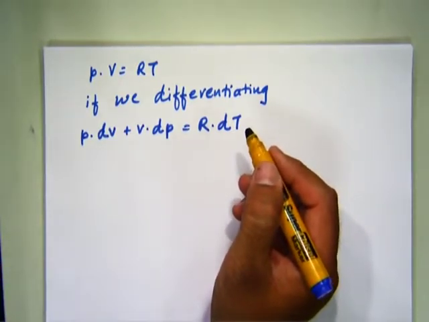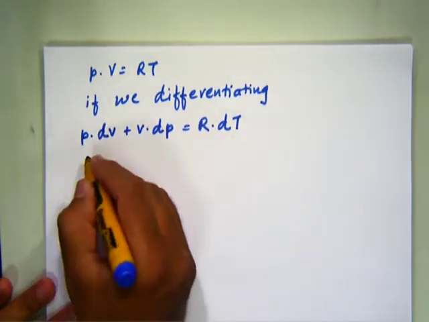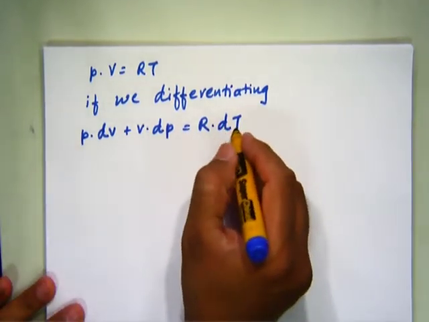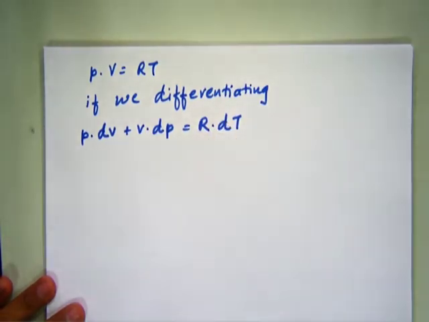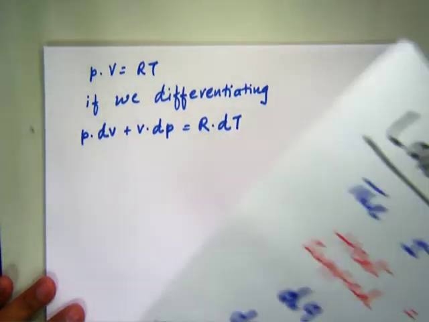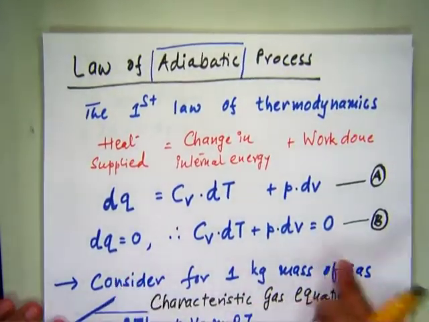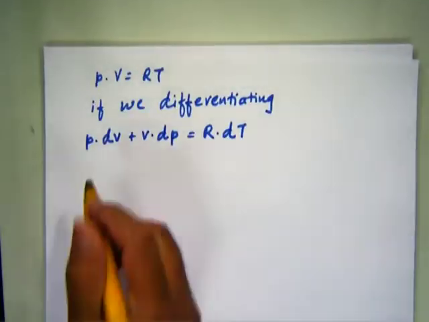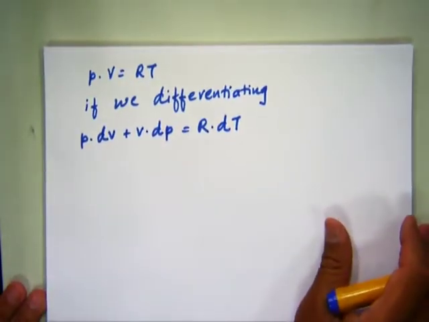Now substituting for dT in equation B. What is equation B?